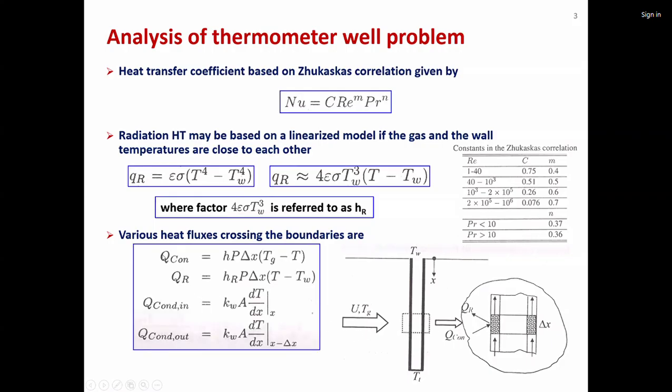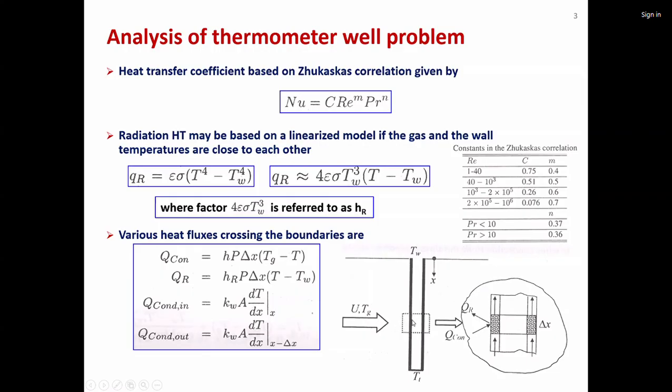So Q convection is basically h into A into delta T, so h into P into delta X, where P is the perimeter, 2 pi r, and P into delta X gives the surface area, times T gas minus T. So first the heat is coming from the gas into the surface.